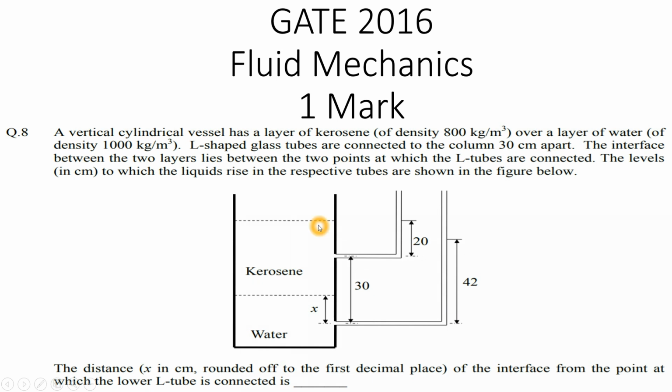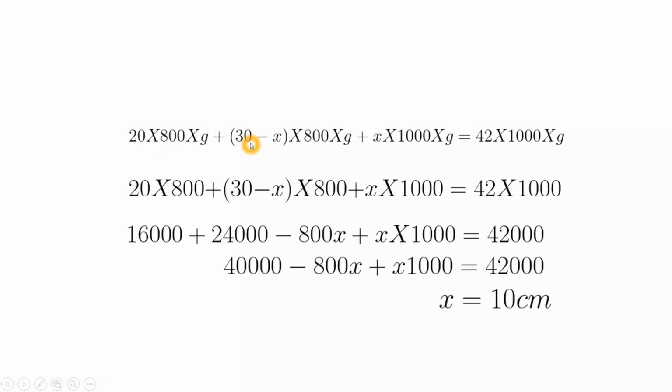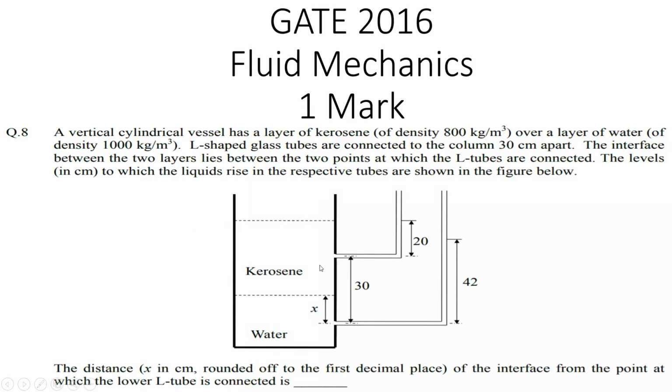So we will start here, that is 20 plus this, what will be this height? You can see here it is given as 30 and it is given as x, so it will be 30 minus x. This length will be 30 minus x. You can see here it will be 30 minus x into 800 again, since it is also kerosene.